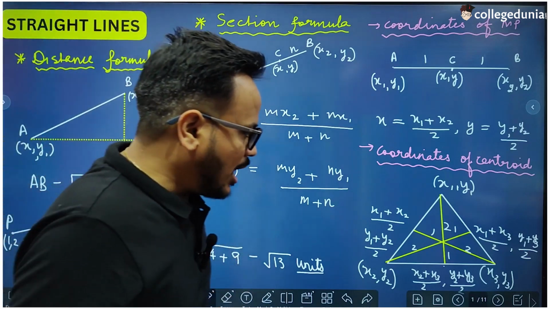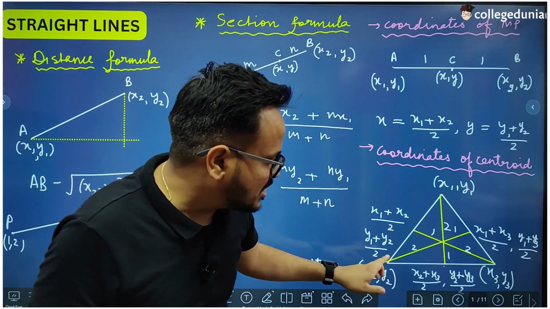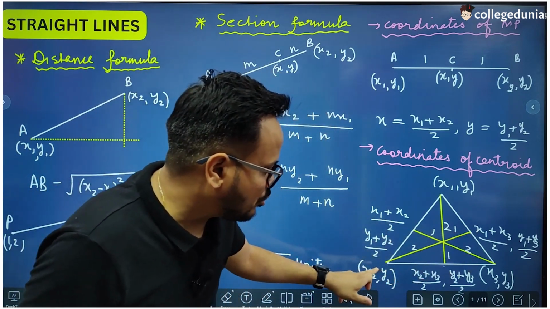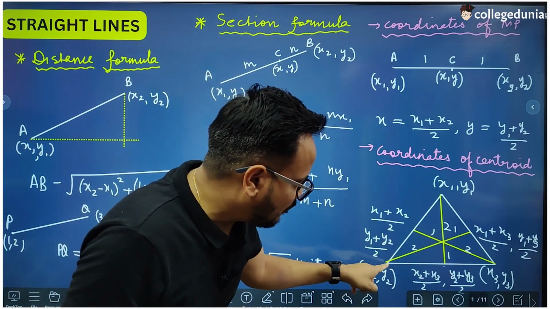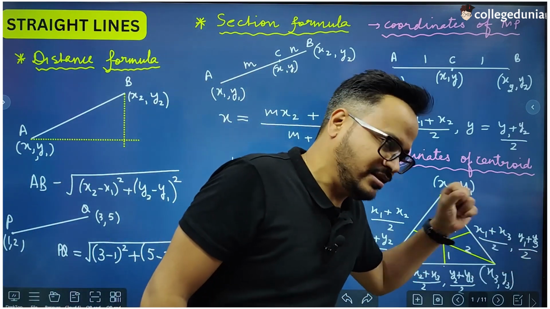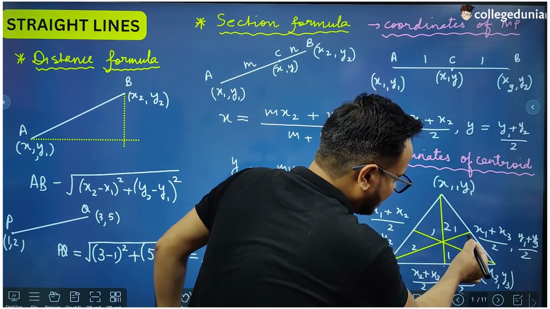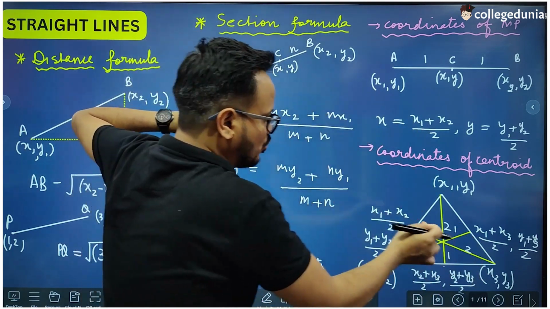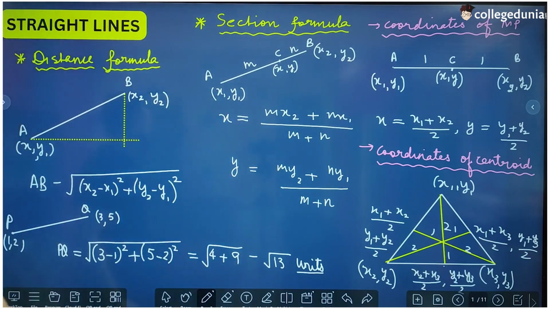Okay, so how will we proceed now? Just focus on any one of the medians, right? Let's focus on this median. So the coordinates of one end are x2 comma y2, and the coordinates of the other end are this, and this point divides this into ratio 2:1. Now using this formula you can find the coordinates of the centroid.